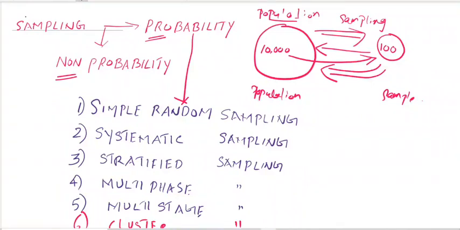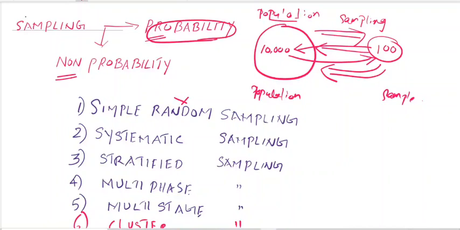In non-probability sampling, this 100 is not representative of these 10,000. So definitely probability sampling is the best one. Probability sampling is the best sampling.